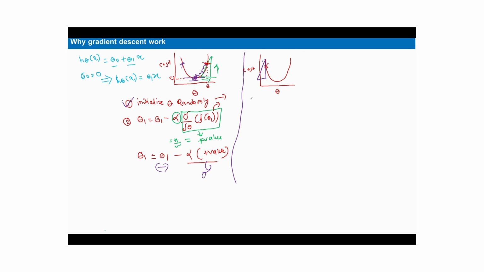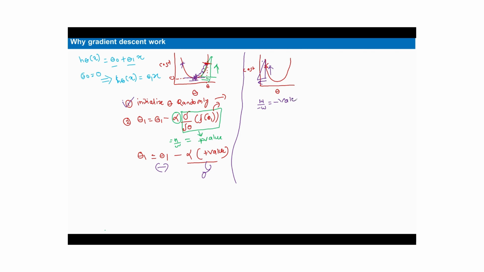Now if you can see, this is a positive value, but here it will become negative. So the slope of the tangent to this function will give some negative value.